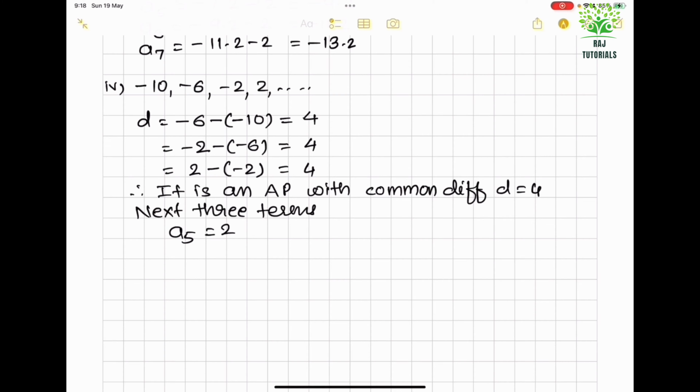A5 will be 2 plus 4, 6. A6 is 6 plus 4, that is 10. A7, 10 plus 4, that is 14.